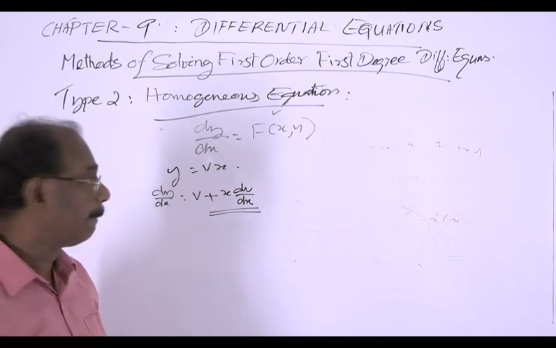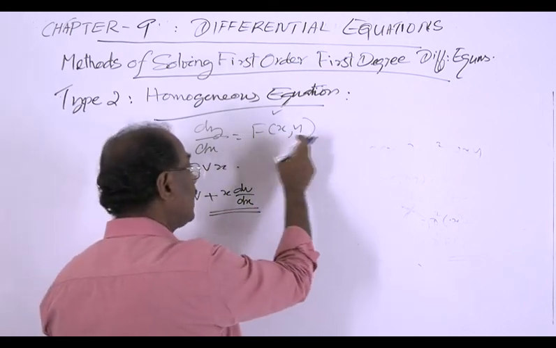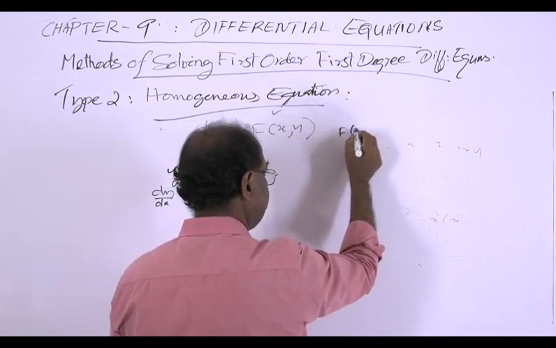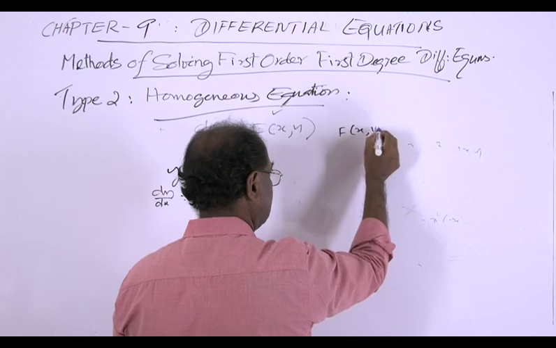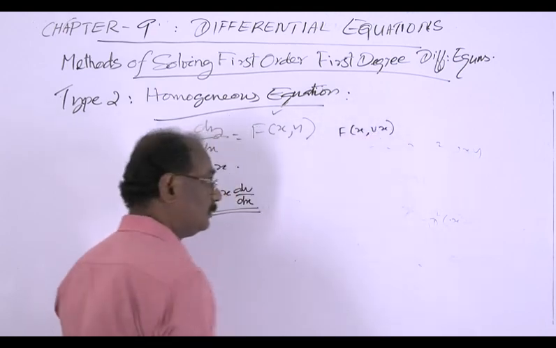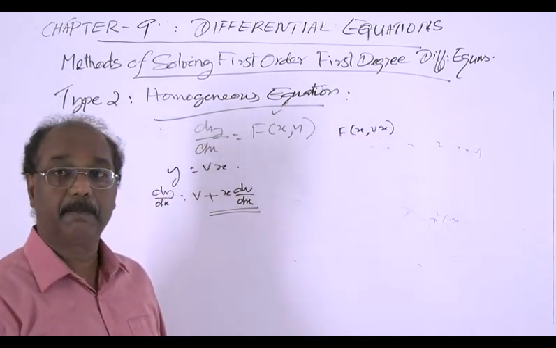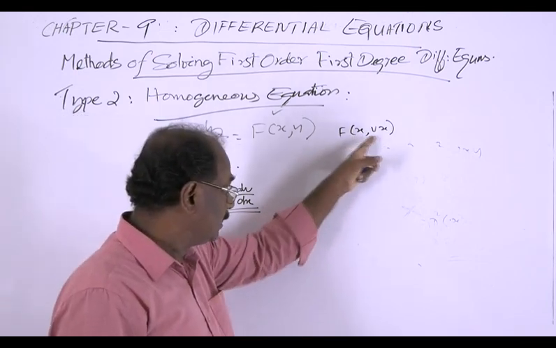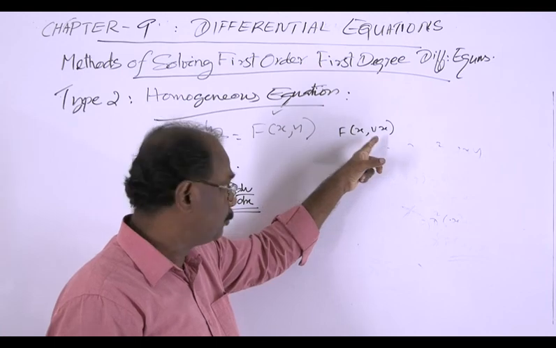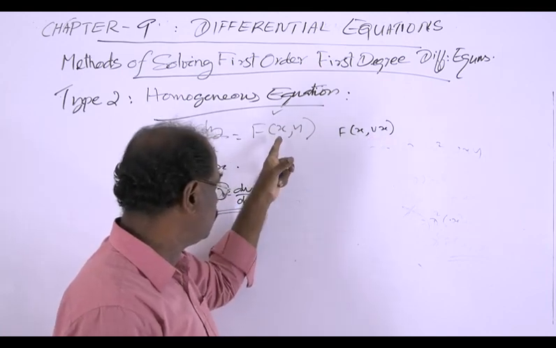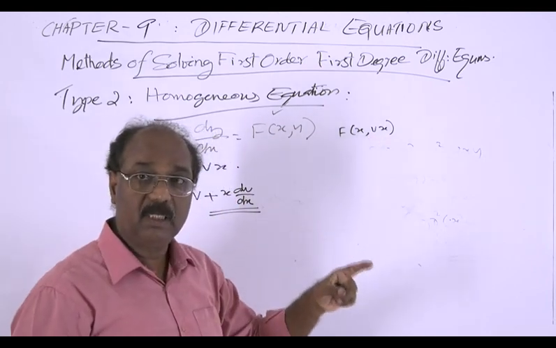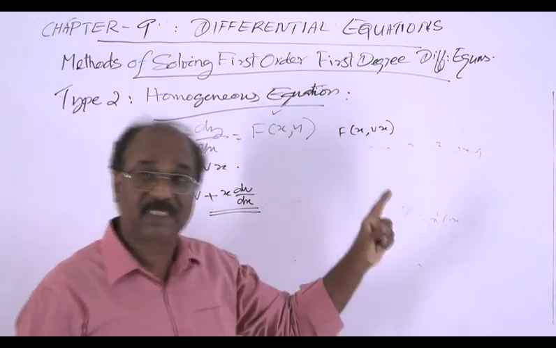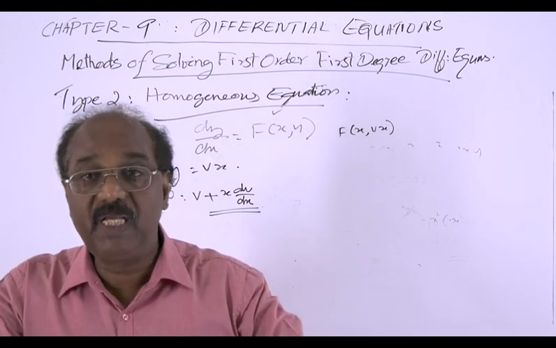And in this we make the substitution y equal to vx, that is F(vx). Putting vx for y in the equation, we can see that this will form a function of v alone.